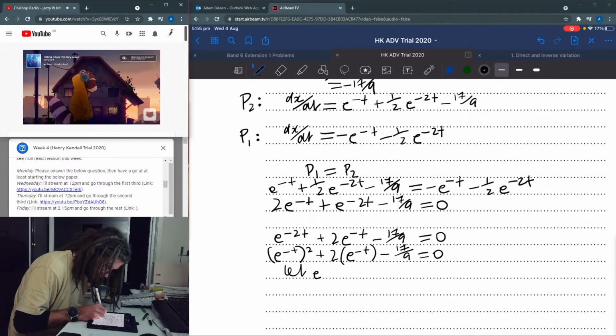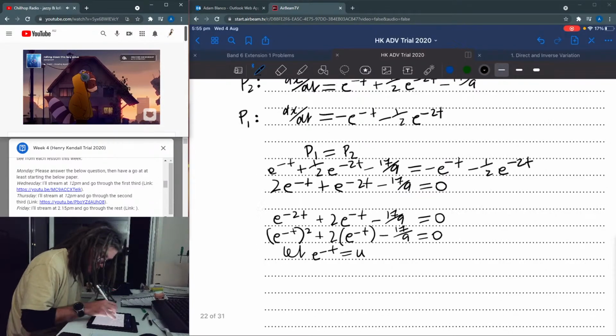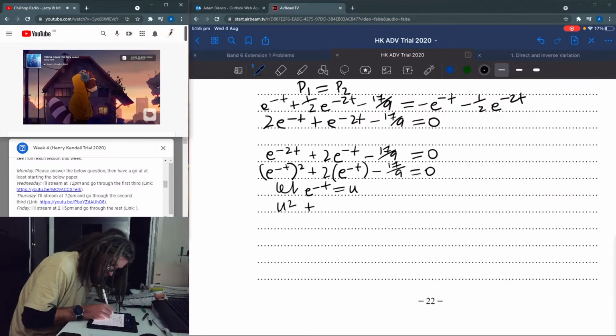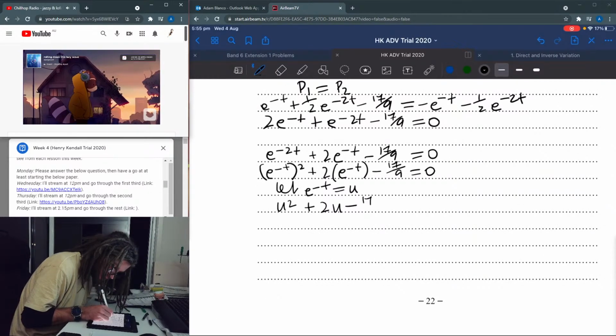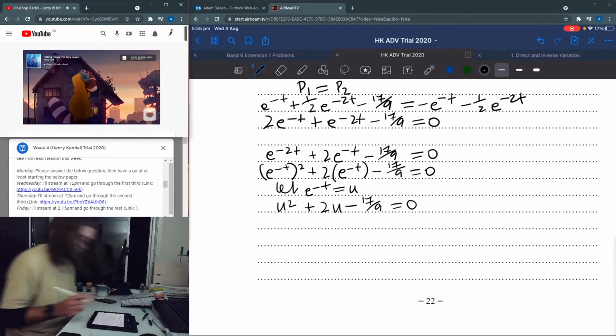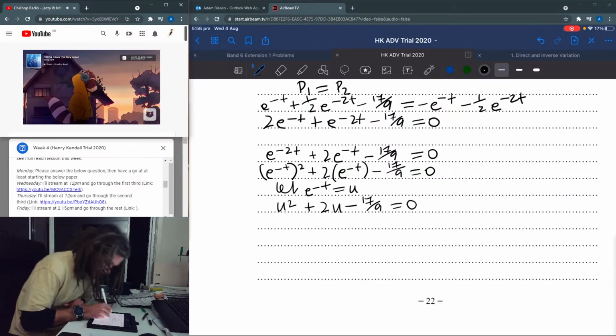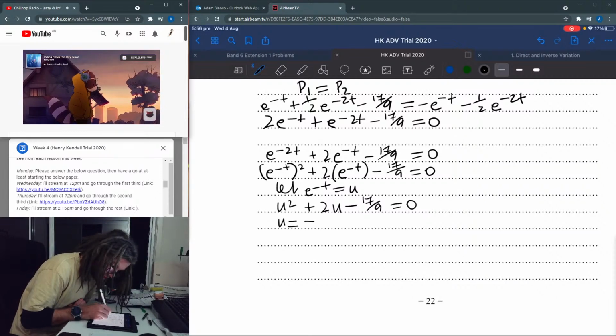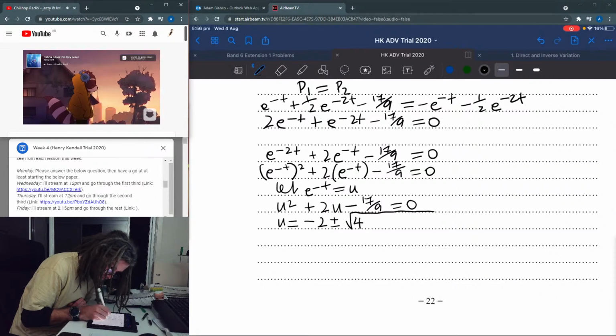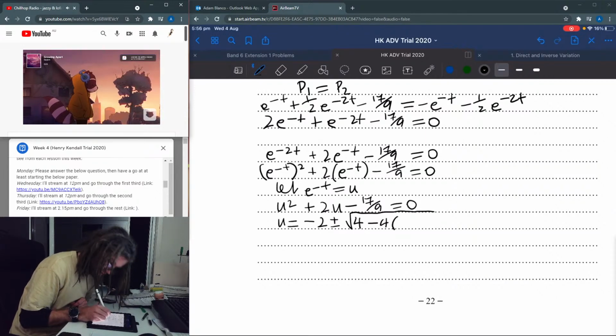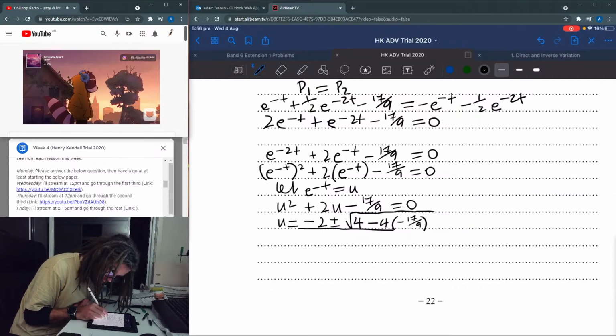Let e to the minus t equal u. Then I've got u squared plus 2u minus 17 on 9 equals 0. Okay, now I can actually factorize this. Well, use quadratic formula. u is equal to minus b plus or minus the square root of b squared minus 4 times a times c, all on 2a.